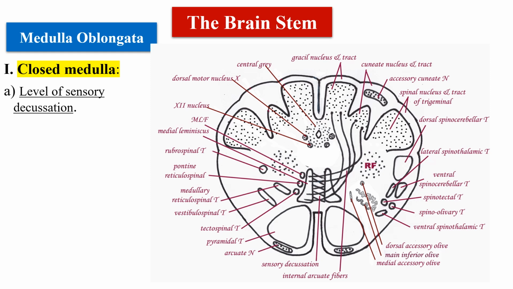The cuneate nucleus is also well developed. And here the accessory cuneate nucleus is present at the posterior aspect of the cuneate nucleus. So the gracile and cuneate nuclei are well developed at the closed medulla at sensory decussation.